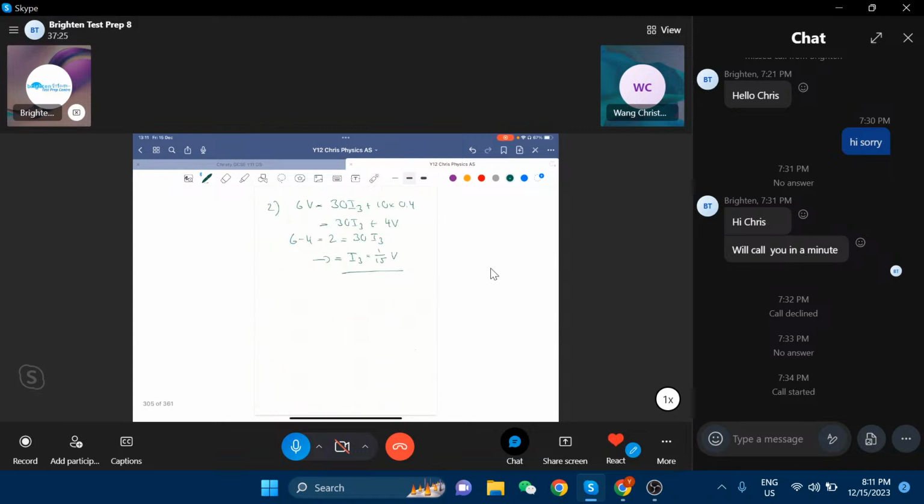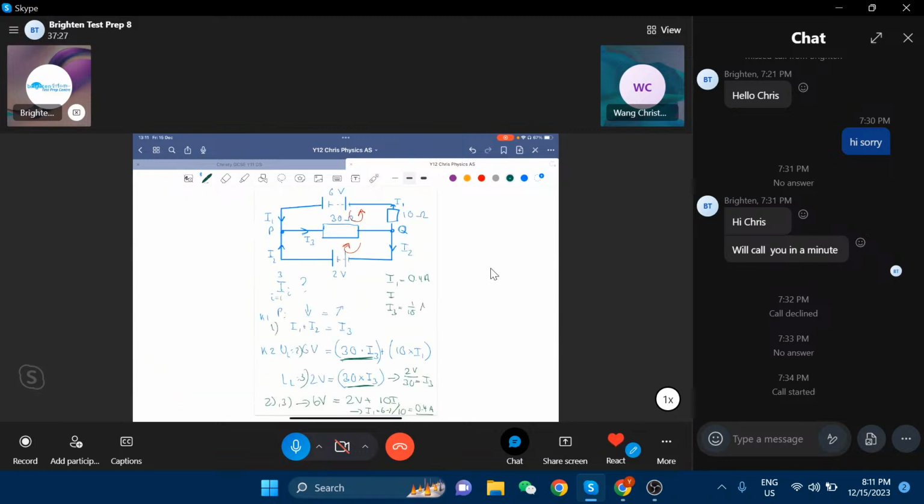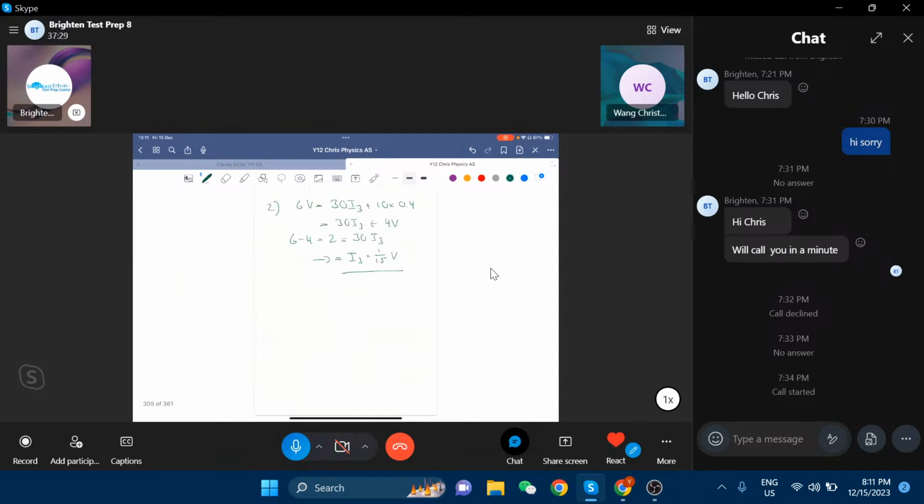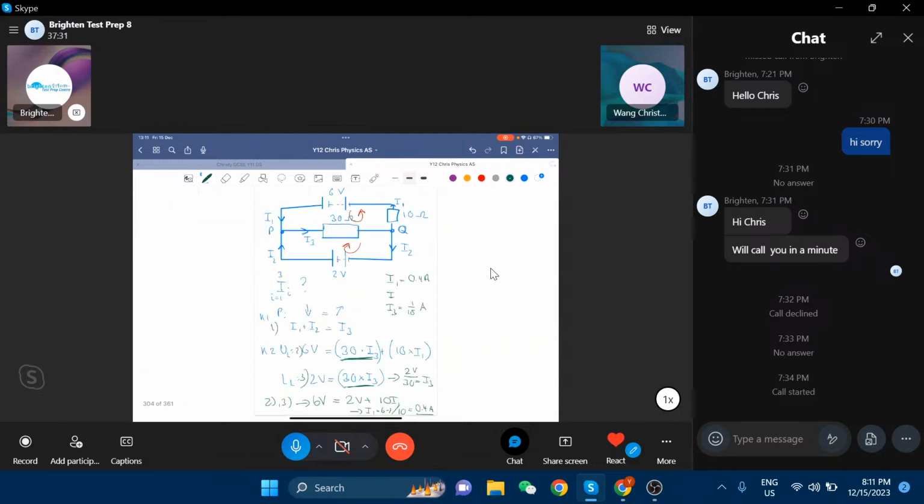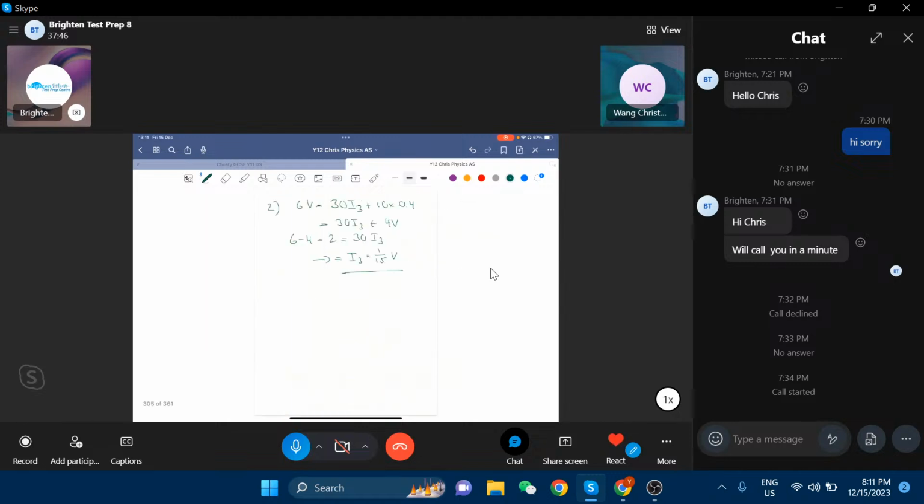I write it down for the time being as 1/15 amp. And this one, 0.4, is 4 out of 10, 2 out of 5, so that would be 2/5 amps. Maybe we do it rather in fractions eventually. And then we have, last but not least, I1 plus I2 equals I3.